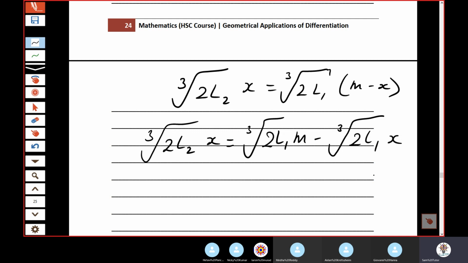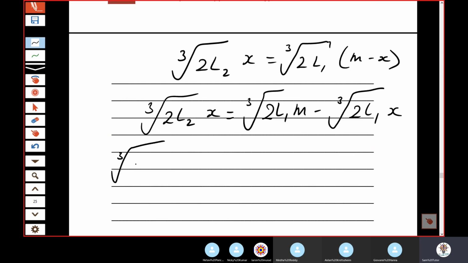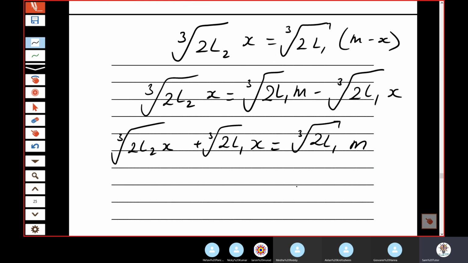We're going to bring the x's to one side. True? What did I just do there? I just brought this x to the left-hand side. What do you do now when you've got two x's like this? You only want a single x. What are you going to do?